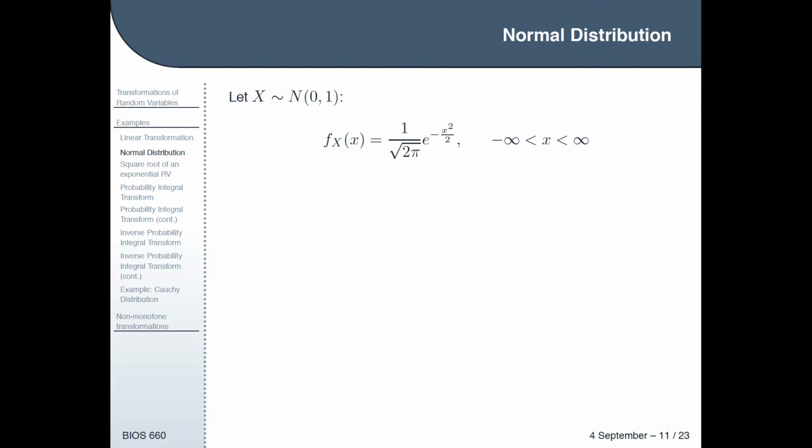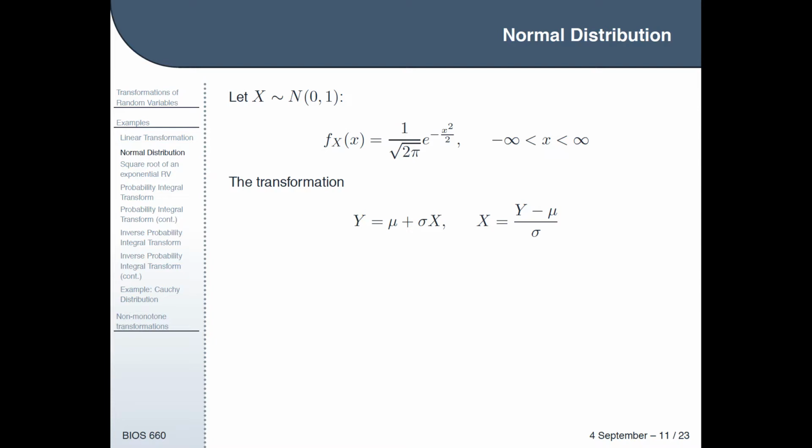But we'll assume x is normally distributed with mean 0 and standard deviation 1. So let's do a transformation where we multiply x by sigma and then add mu to it. It's equivalent to giving this particular normal distribution a mean of mu and a standard deviation of sigma.